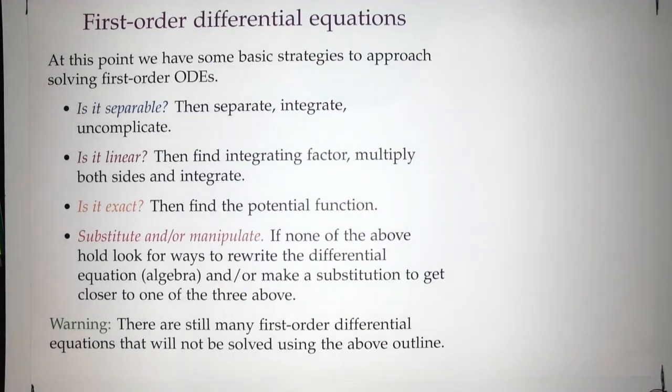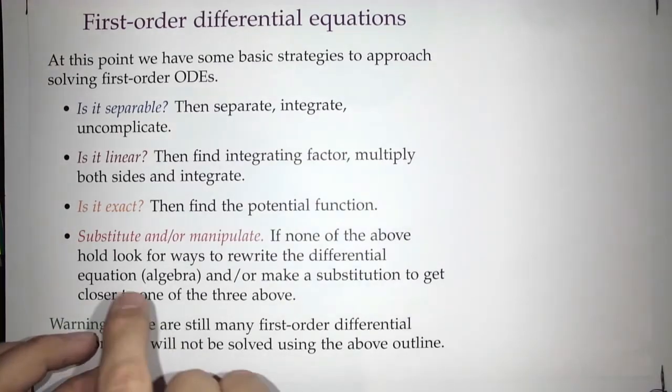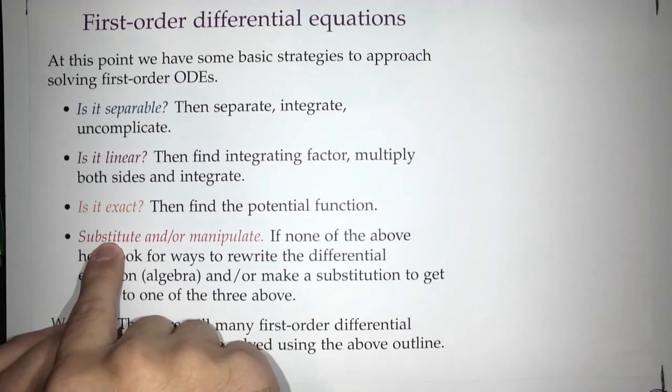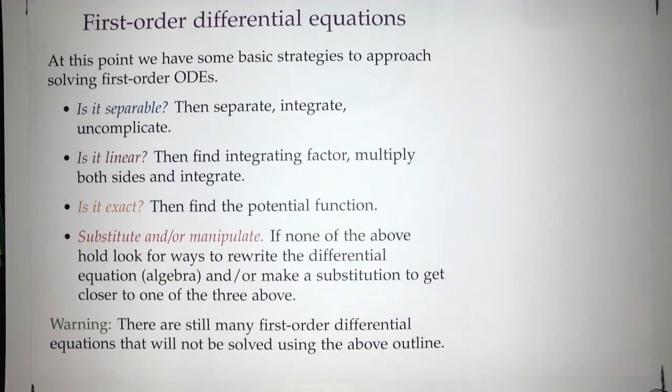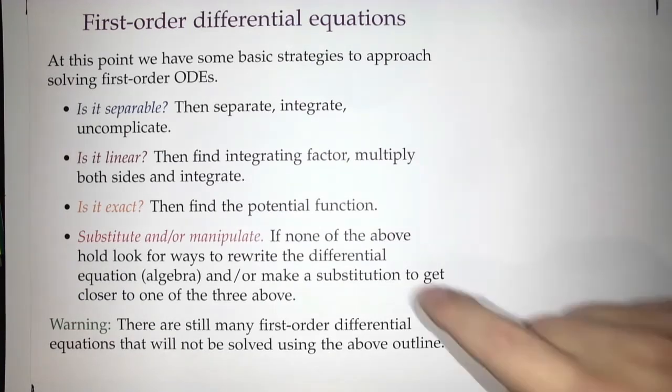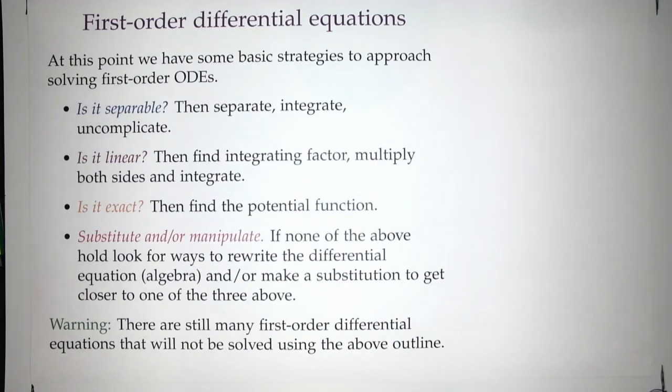The other thing that we've talked about is not really necessarily a method, but it says, what else can you do? Because you might not be any of these. Perhaps there's some way we can do a substitution or some sort of algebraic manipulation to take our differential equation and transform it, so it does fall into one of these categories.